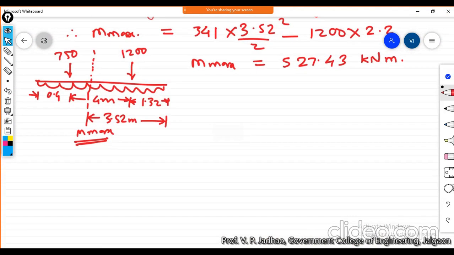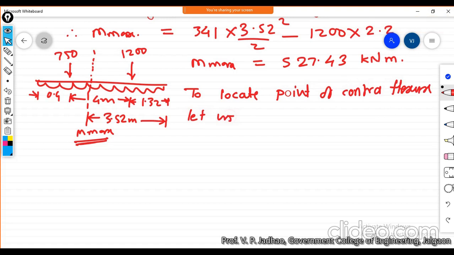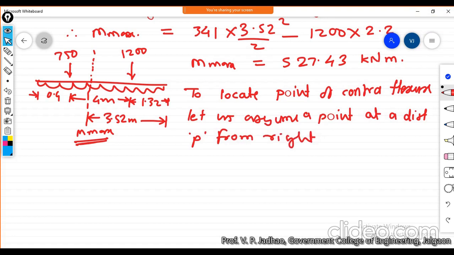Now to locate the point of contraflexure, let us assume a point at a distance small p from the right end, where the bending moment is 0.